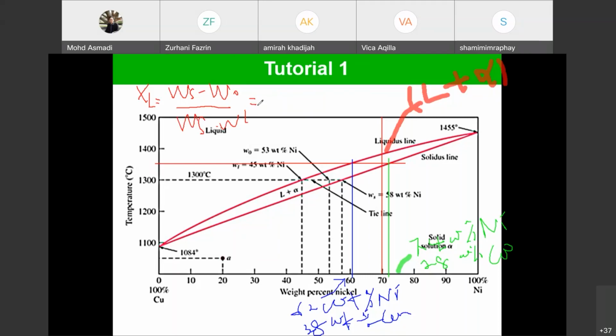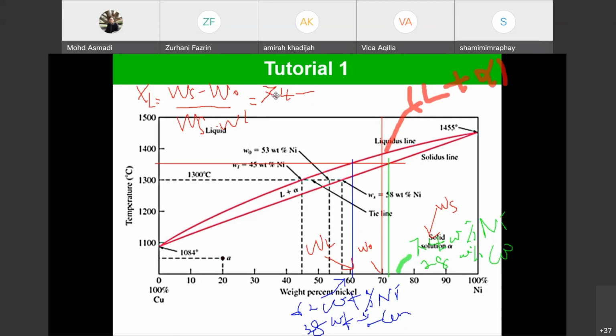WS is the solid, about 74%. So 74 minus W naught, this one 70. This one is W naught, this one is WS, and this one is WL.